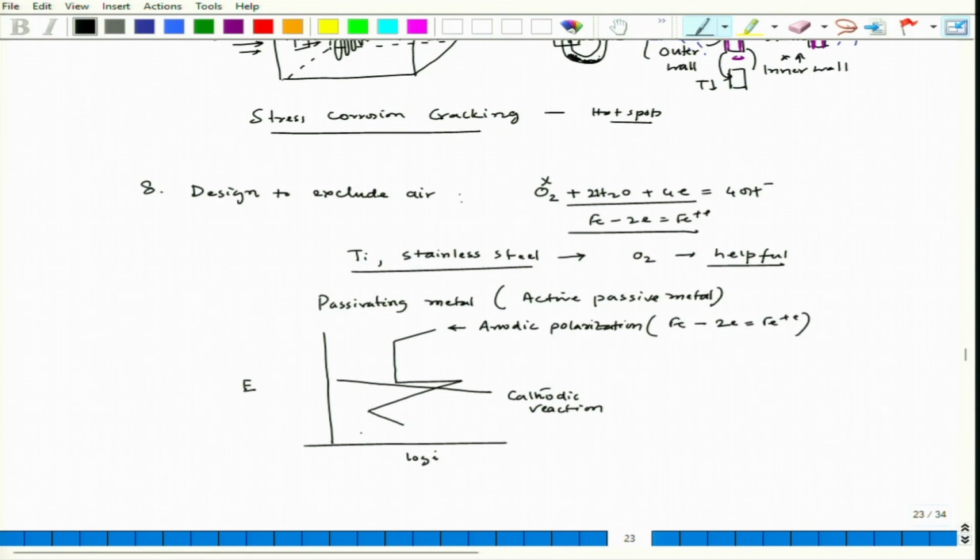Now, in a generalized fashion, let us say M minus ne equals Mn+, and the cathodic reaction, let us say oxygen reduction. Okay. So, this is also showing anodic and cathodic polarization.